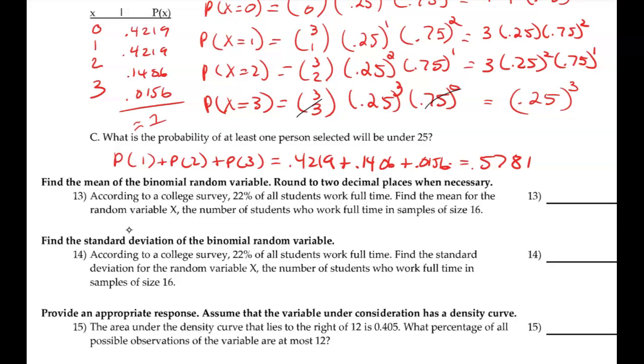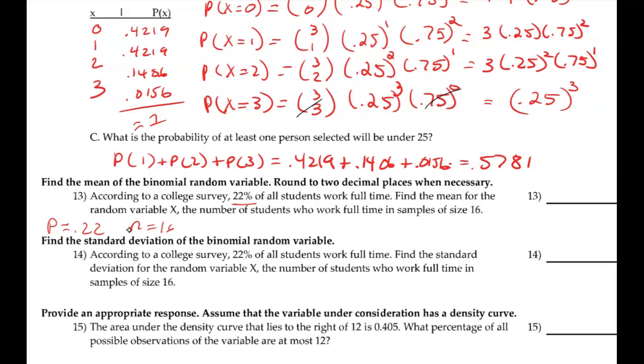Okay, here's another binomial. You're given a percent of all students where that's your P. Find the mean for the random variable X, the number of students who work full-time in samples of size 16. All right, so you want a mean here. The mean when we're talking about binomials is the expected.